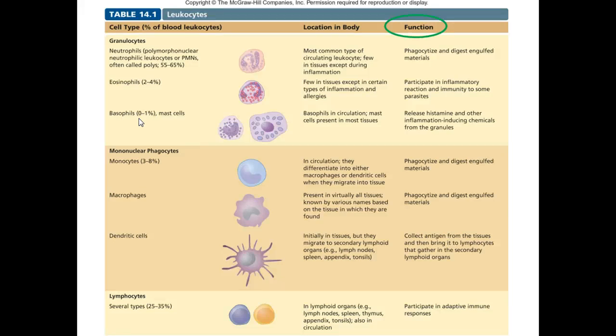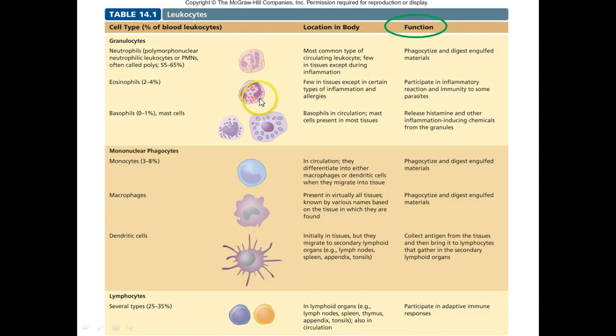And then the first part of their name actually has to do with how their granules stain, right? So when you do the special staining procedure to be able to differentiate the different white blood cells, neutrophils, their granules stain relatively neutral. Sometimes they kind of blend in with the cytoplasm. You kind of don't really see them.